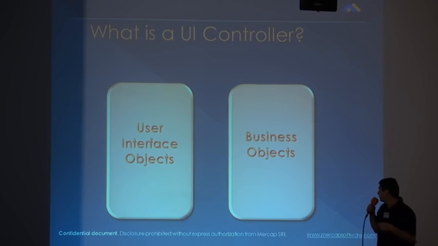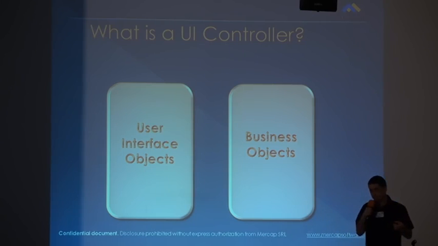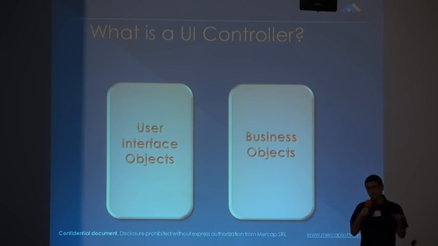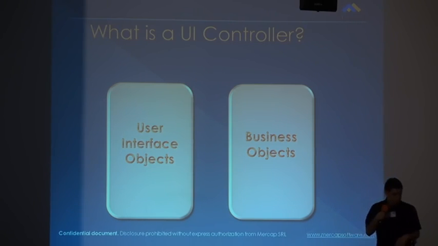Business objects are all those objects that belong to the domain our application is simulating. It could be systems, processes, anything, but all entities that belong to the domain of our application.